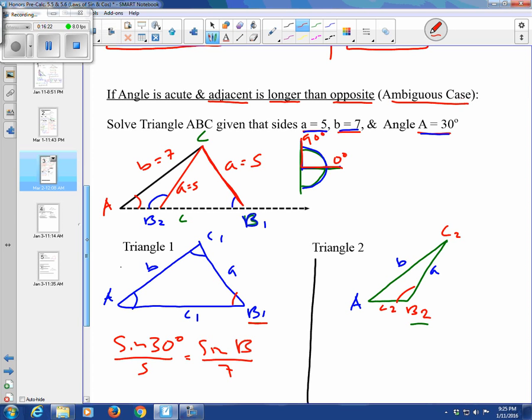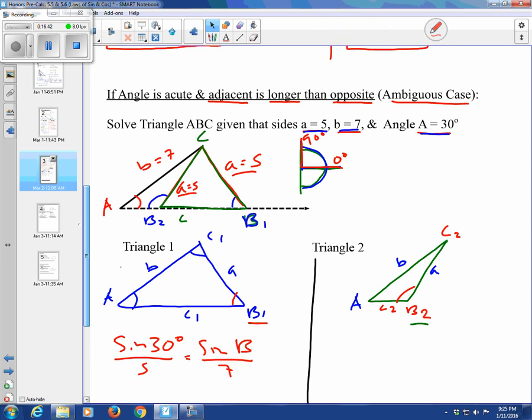So the calculator will give you angle B1. But the thing we want to notice here is we've actually got an isosceles triangle within our two triangles created by that side A equals 5 being repeated.